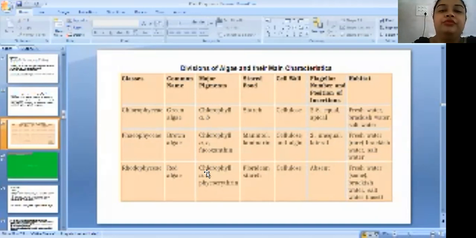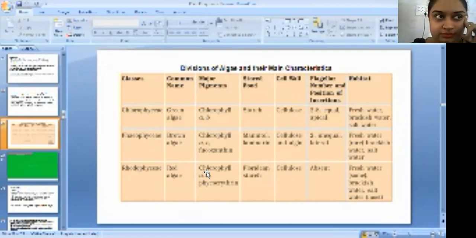Okay. Now, how is food stored in Chlorophyceae, in the form of? Pyrenoids. Yes, they have written starch. You can write pyrenoids also because that is only a form of starch. Phaeophyceae, how, two forms are there? Laminarin and mannitol. Then Rhodophyceae.